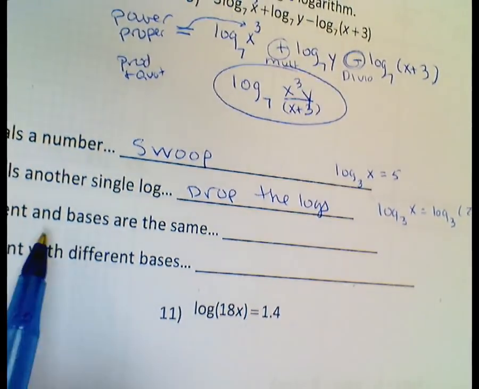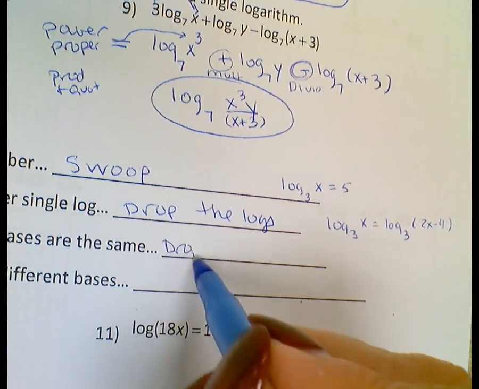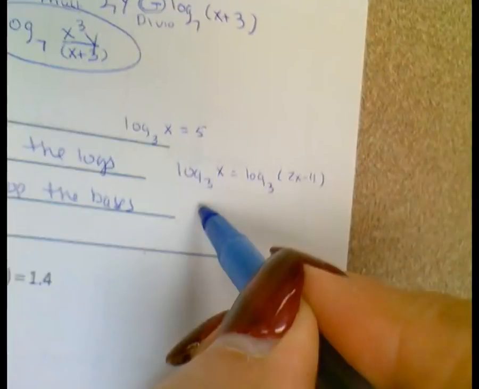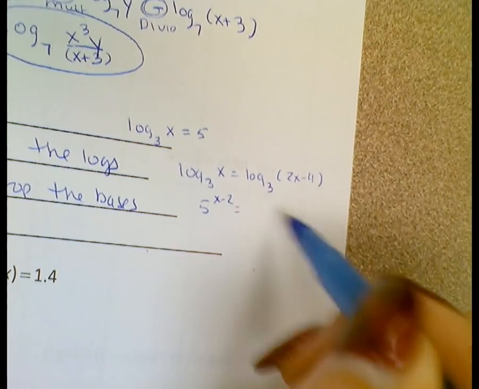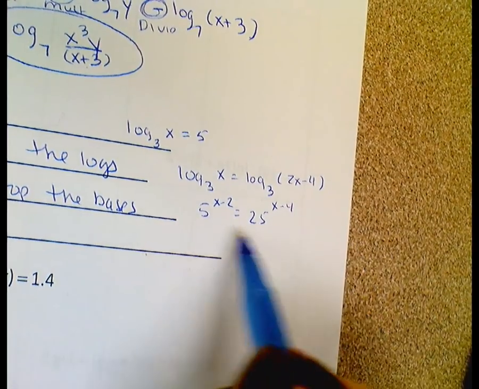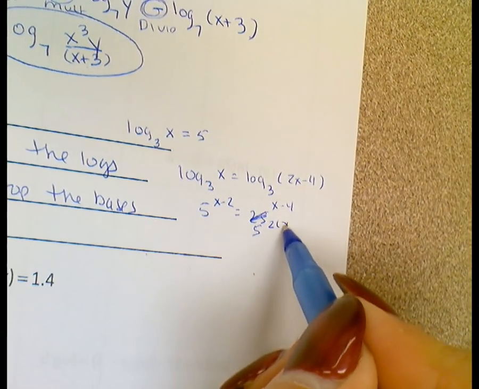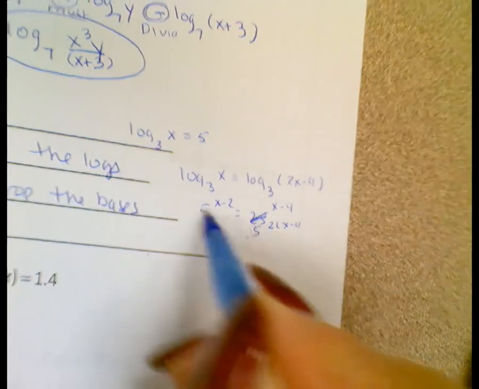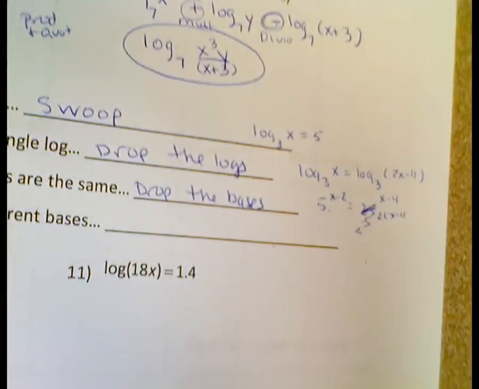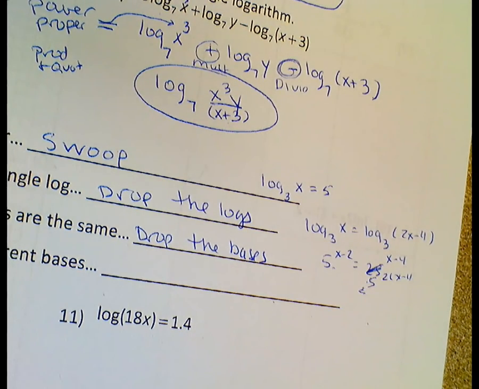When an x is in the exponent and the bases are the same, you drop the bases. So you might have a problem like 5 to the x minus 2 equals 25 to the x minus 4. The reason I can do this one is because I can change 25 to 5 to the second. Now they have the same base, and then you would drop the base. Drop the logs, drop the bases.